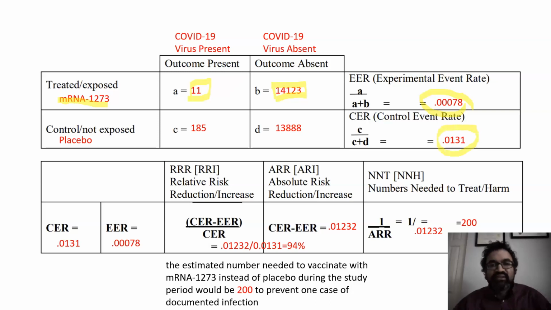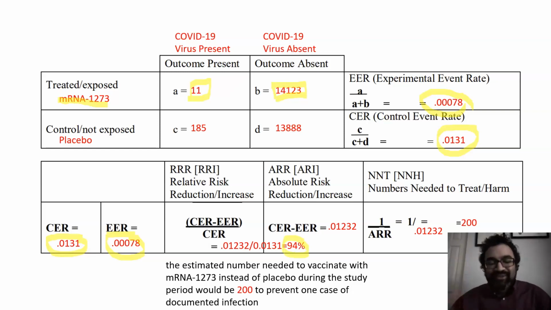So just going through the calculation again. The control event rate, you take that, you subtract out the experimental event rate, and just in the middle here, the relative risk reduction is actually 94%.